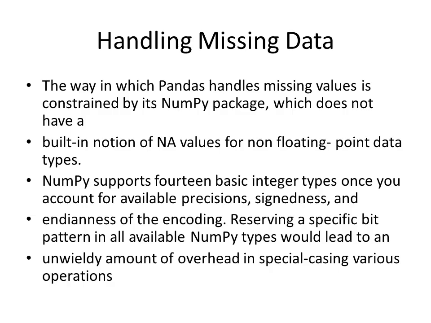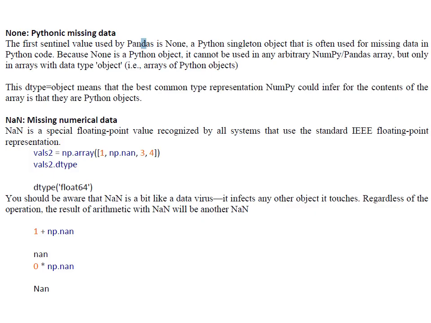Handling missing data is where we are going to find NA values, non-floating point data types, and null values. Let's see how NA in missing numerical data gets defined. Here it's defined as 1 plus np.nan or 0 times np.nan. These are the Pythonic missing data we use for None in pandas.